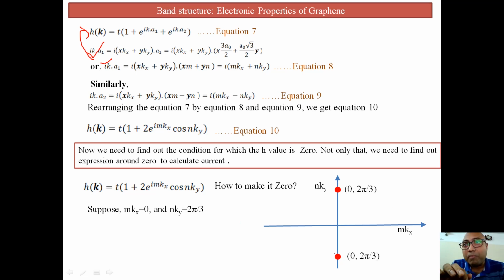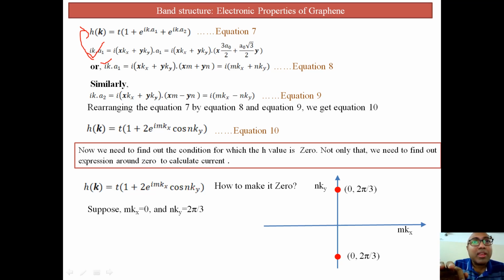So let's plot kx and ky. Now it is two-dimensional. So let's make mkx equal to 0. If you make mkx equal to 0, e to the power 0 means 1, so that would be 2. But if you want to make it 0, we have to convert it to actually minus 1.